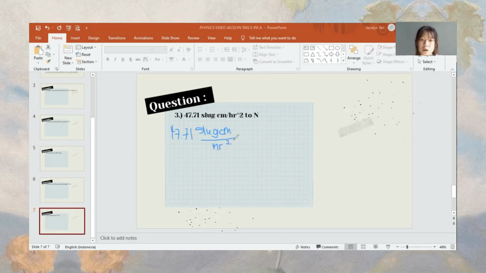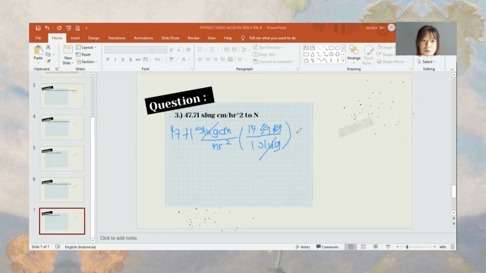First we need to change slug to kilogram. We know that one slug is equal to 14.59 kilogram, so we can cancel it out.